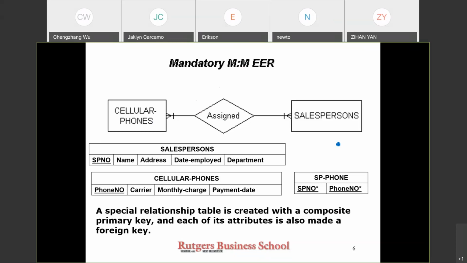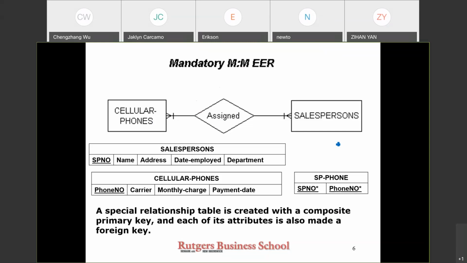So it may mean that, for example, perhaps salespersons are allowed to work in many departments and they work with different cell phones in each department. So, as before, cell phones are assigned to multiple salespersons in a department.